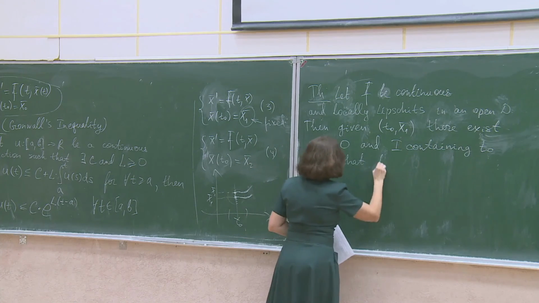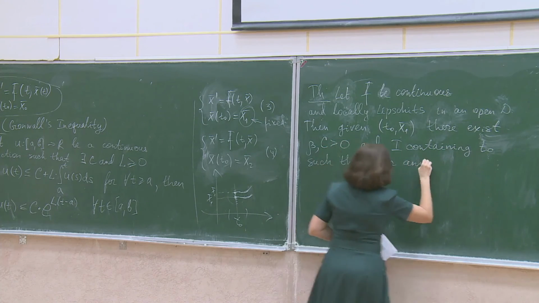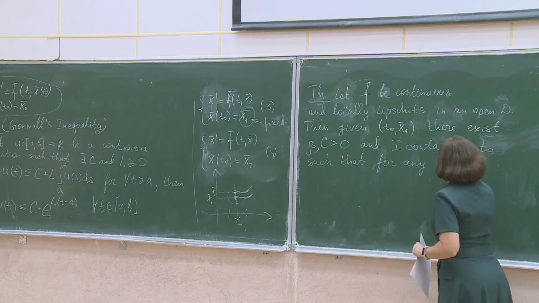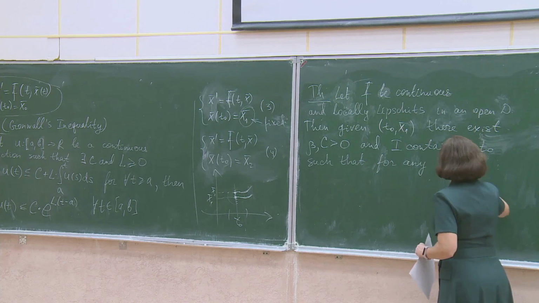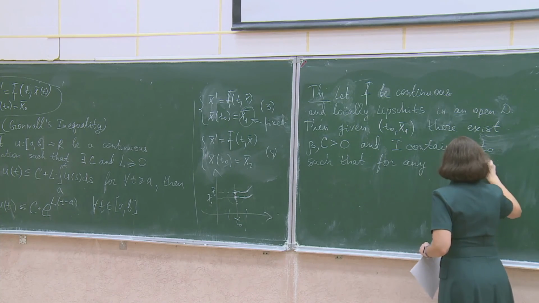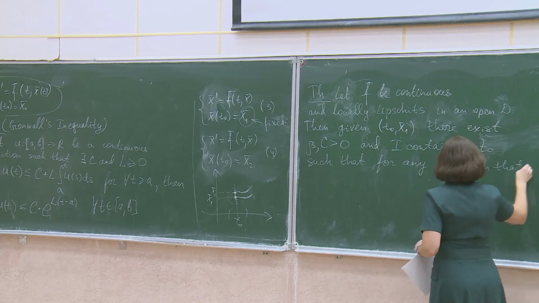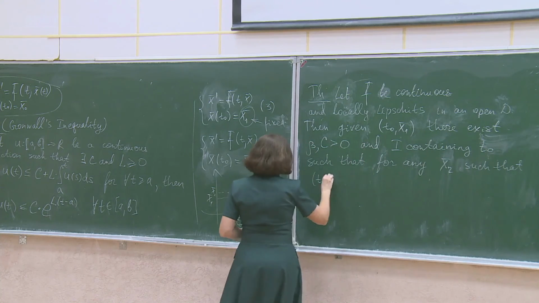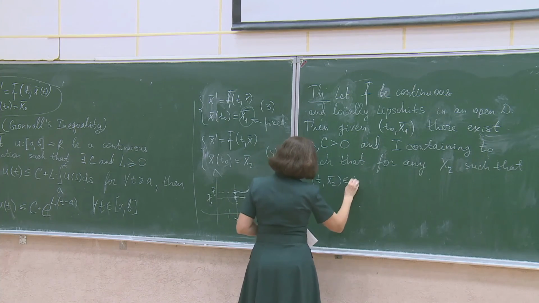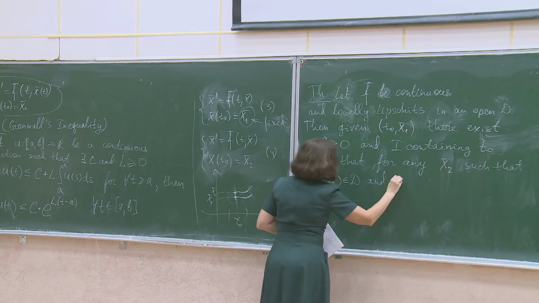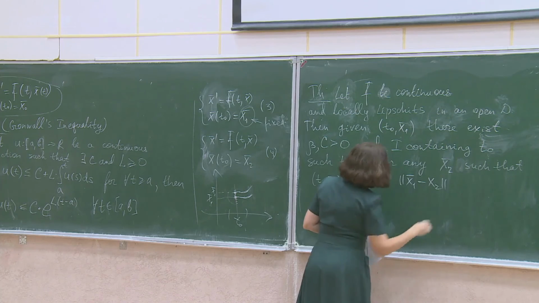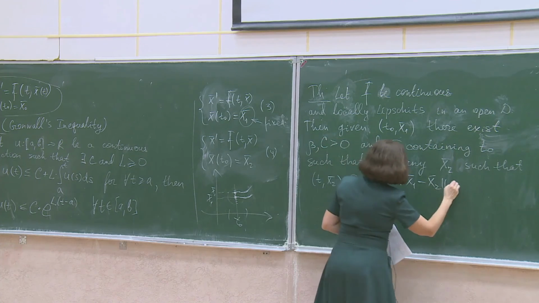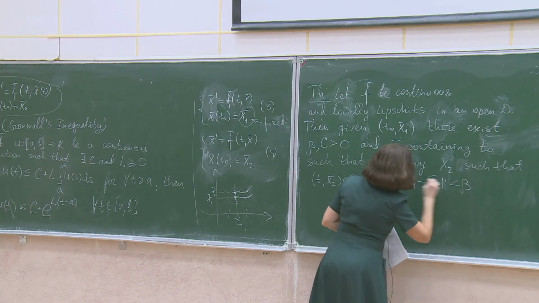for any x2 such that t0, x2 is in D and the absolute value of x1 minus x2 is less than beta.